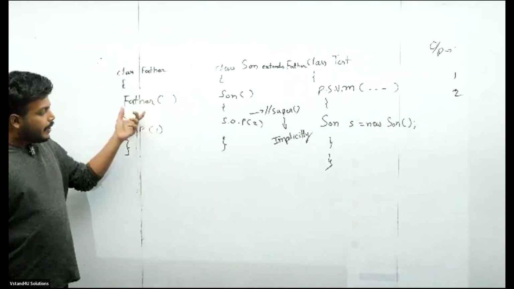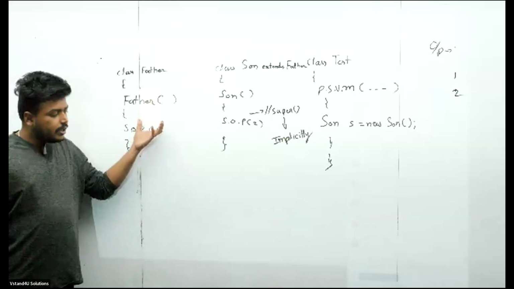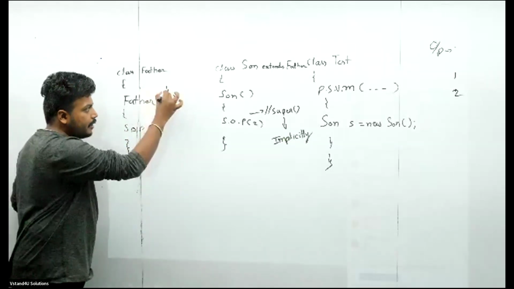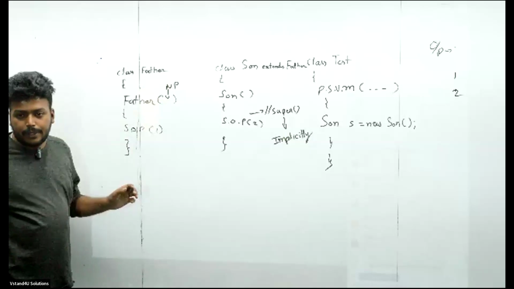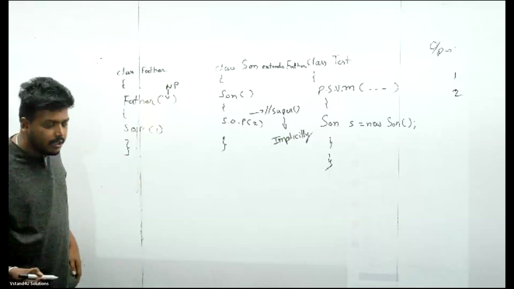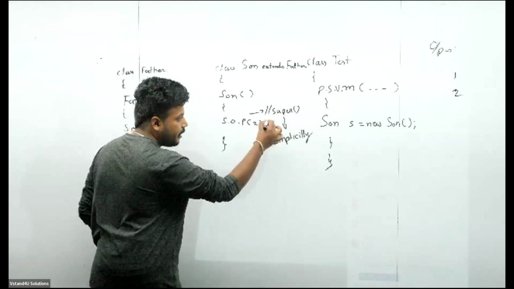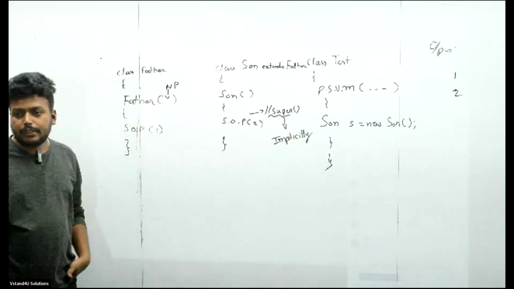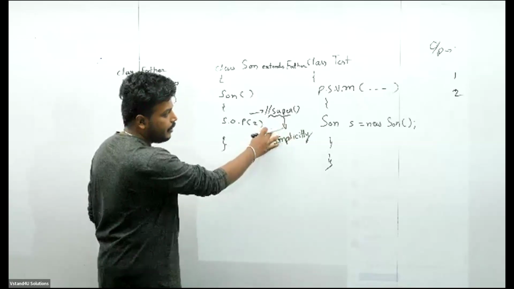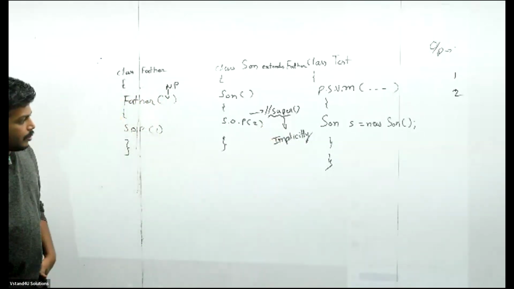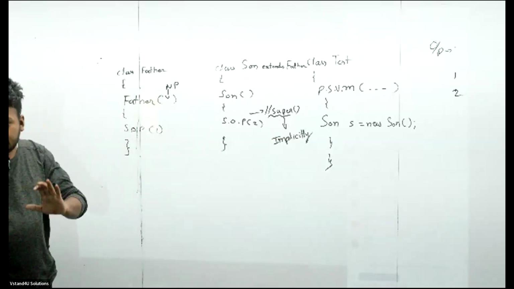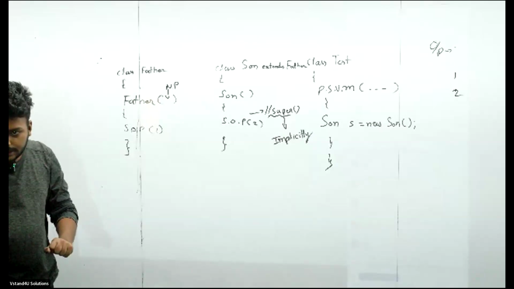Whenever in constructor chaining the father class has a non-parameterized constructor, Java will implicitly present the super statement. Then I will get the output as one and two. Okay, understood? Any doubts?